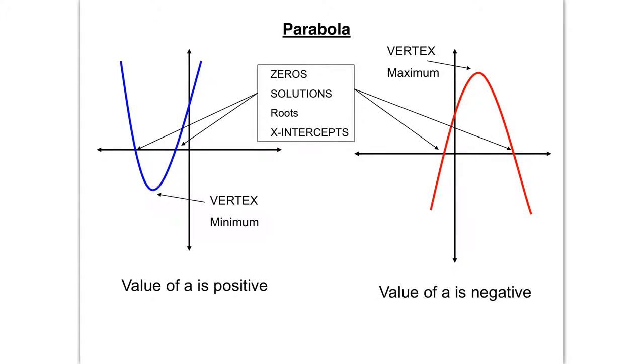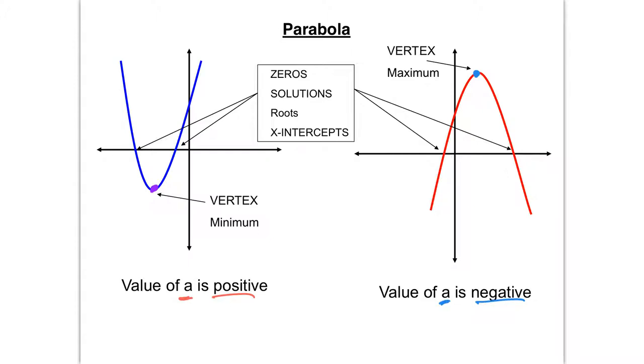So this point here is going to be your vertex. And let me just put a point so you guys can see it right here. So my vertex is a minimum. When the vertex is a minimum, a is positive. If a is negative, then the vertex will be a maximum point. It's going to be the highest point on that parabola. So the direction is down because a is negative, but the vertex is a maximum.